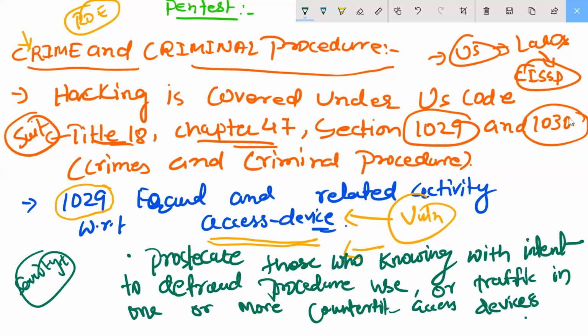These four terms are coming in 1029. Understood? These things are coming in 1029.